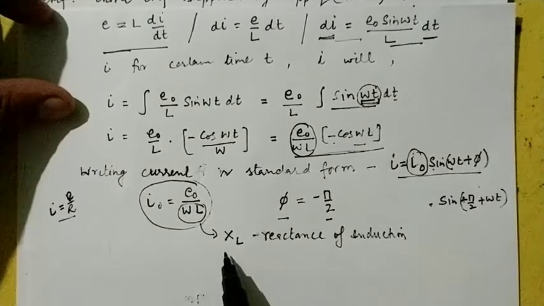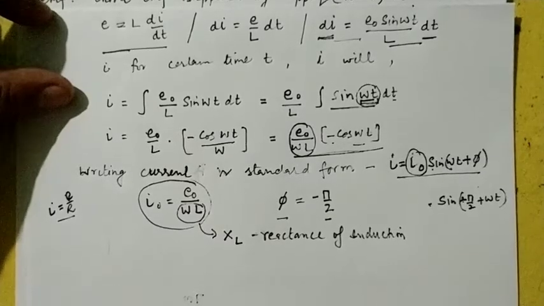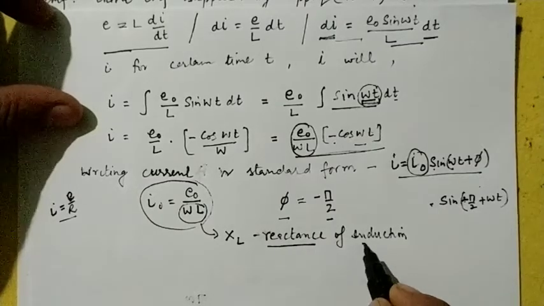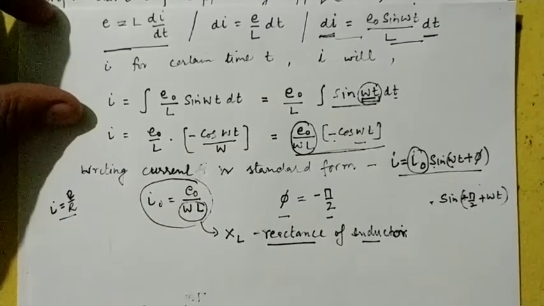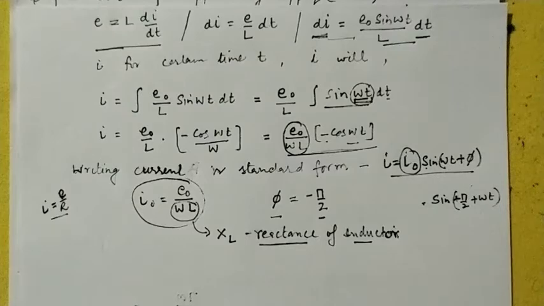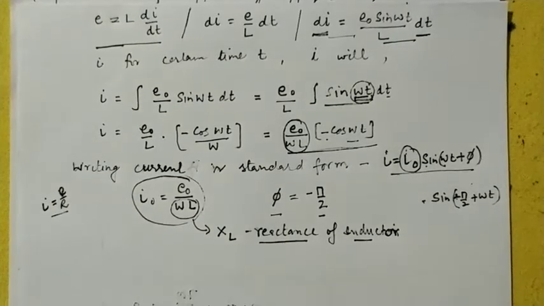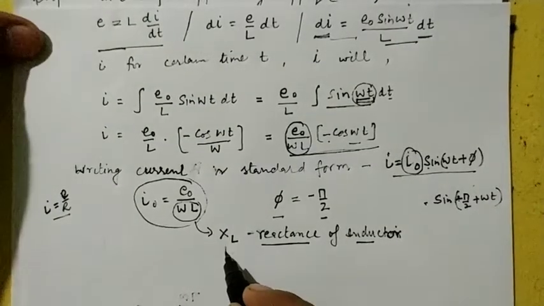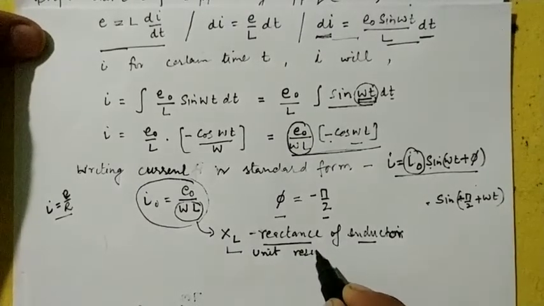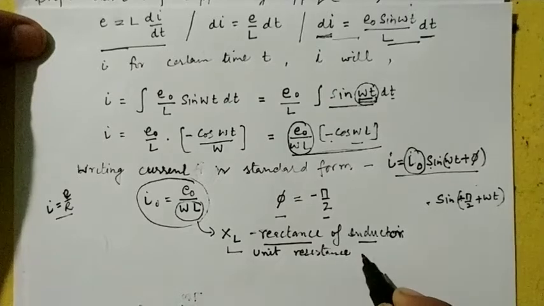Because sometimes it supports the current and sometimes it opposes the current. But it has the same unit as that of resistance, that is ohm.